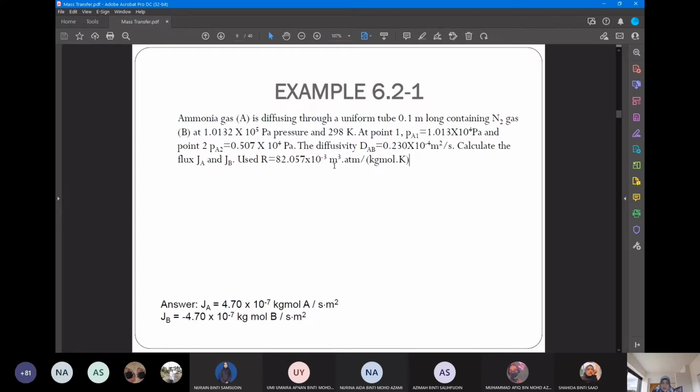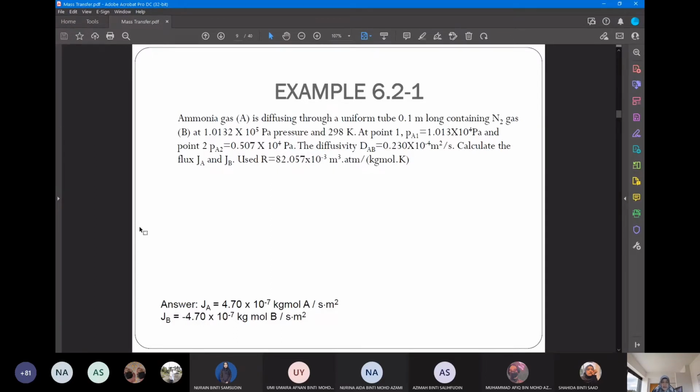So what is given here is meter cube atm over kilogram mole Kelvin. There are many values of R that you can have in this world, with different units. So which one do you have to use? You have to refer to what you have in the questions.